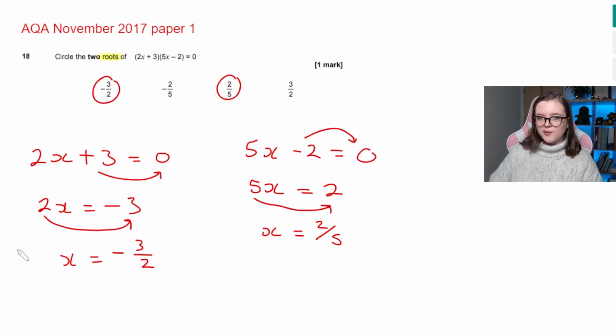So no Edexcel questions today, just because Edexcel don't have quadratics just on their own, not on the higher paper anyway. On the foundation paper they do, but not on the higher paper. If you see a quadratic on an Edexcel paper, it's because it's going to be embedded into another question. So quadratics can kind of creep up out of nowhere all the time in every paper, right? Quadratics can come up anywhere.